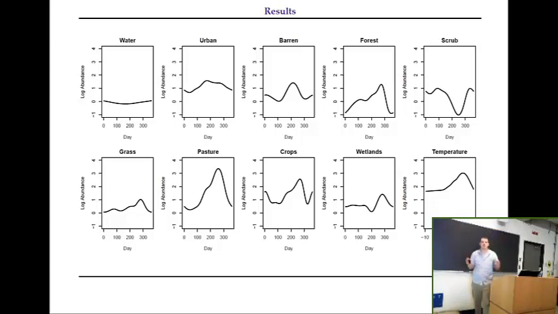If I was at a place that was 100% water, which wouldn't really be possible because the CO2 trap would have sunk, I'd expect to see about 2 mosquitoes every trap night. And there isn't much of a relationship between seasonality and the water land type. On the other hand, if I go to someplace like the wetlands, I see quite a significant dip in mosquito abundance, and then later I see a jump in mosquito abundance.